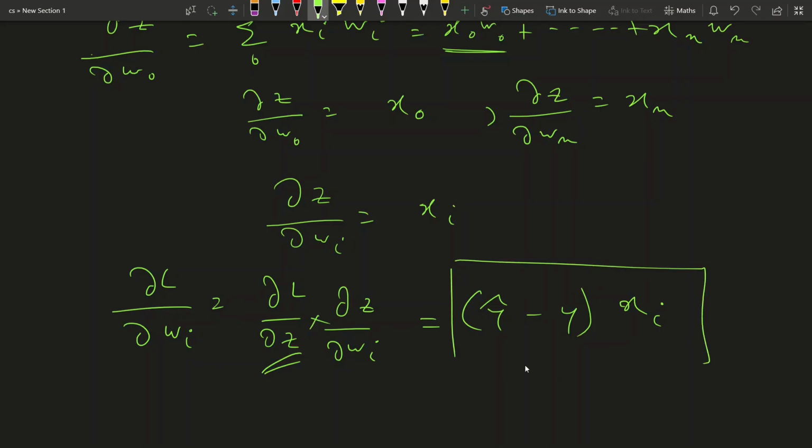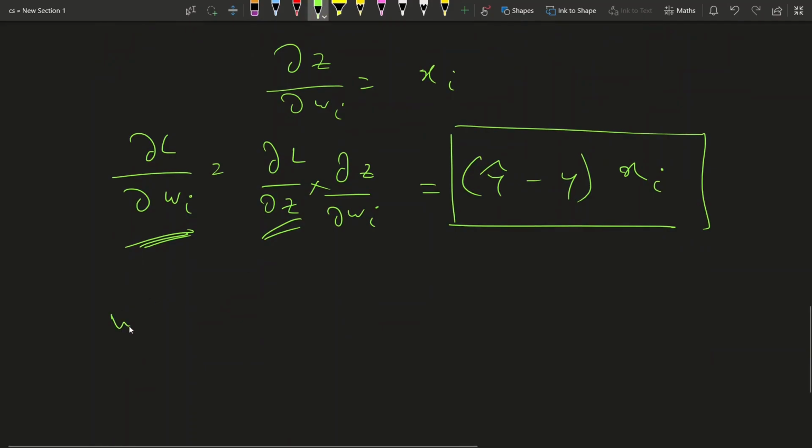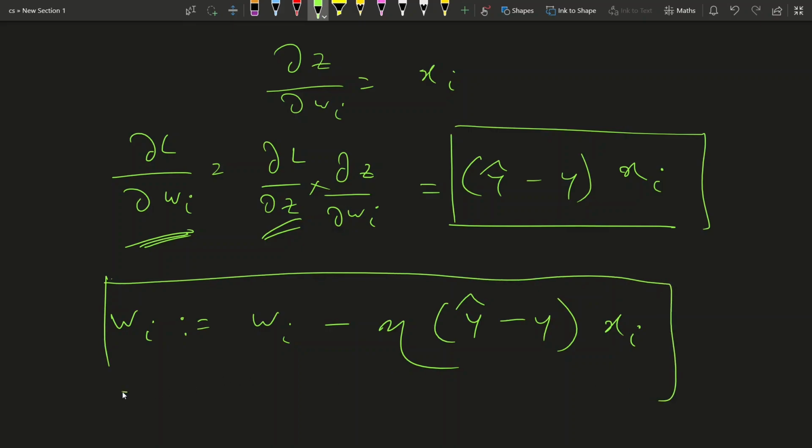So this is what my del L by del W is. So my gradient update step will be, if I want to update Wi, this will be my Wi minus eta, which will always be there, multiplied with this entire expression. Next slide. Alright, so this is my learning rate. This is my LR, learning rate.